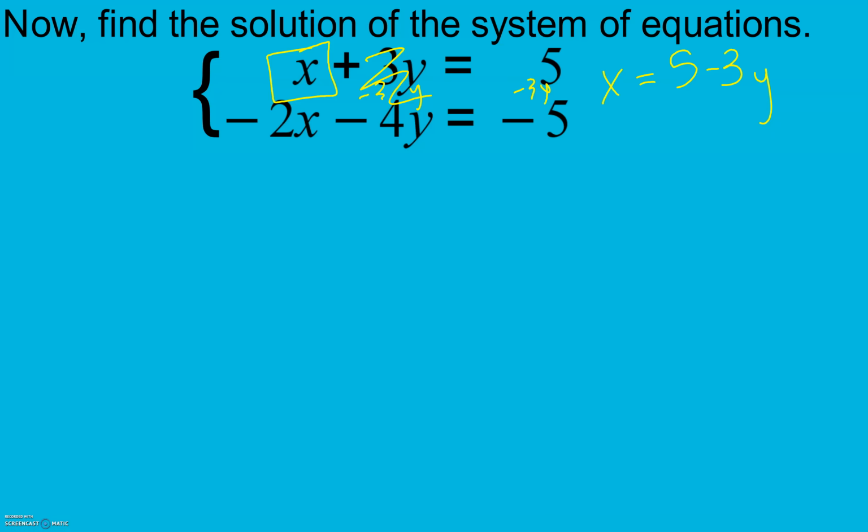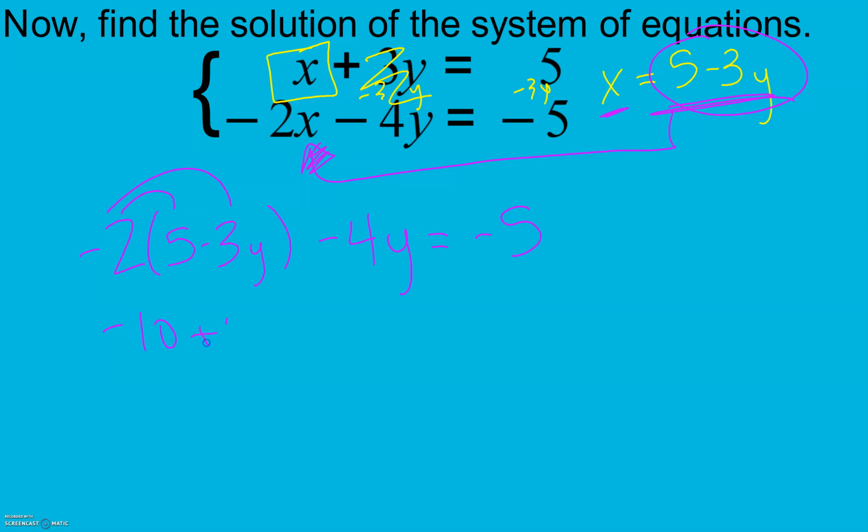Now that I know what x is, I can take that x value, what it equals, and substitute it into my other equation. Again, it has to go into our opposite equation for the variable we solved for. We solved for x, so we plug it in for x. Negative 2 times, we know x is actually just 5 minus 3y. Bring down the rest of our equation, minus 4y equals negative 5. We'll distribute first.